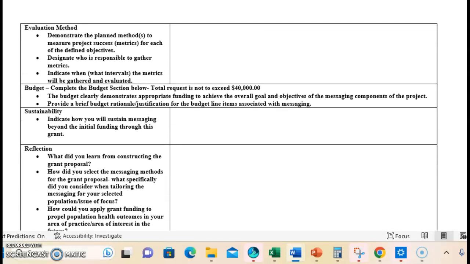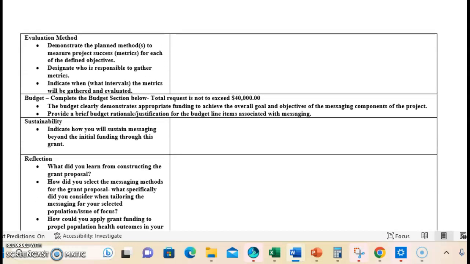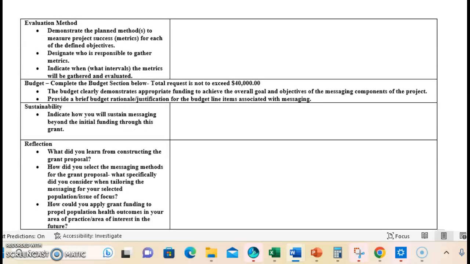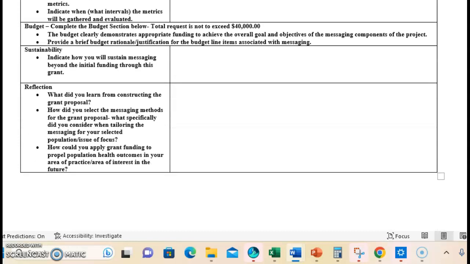And so with your health messaging, it'll be important that you consider those different line items. Of course, with any project, we also want to think about sustainability and what partners can help you sustain the project after the grant funding has disappeared.